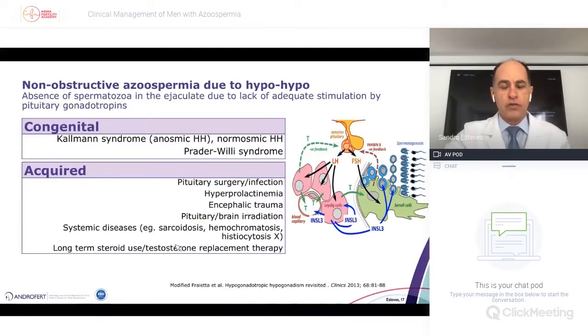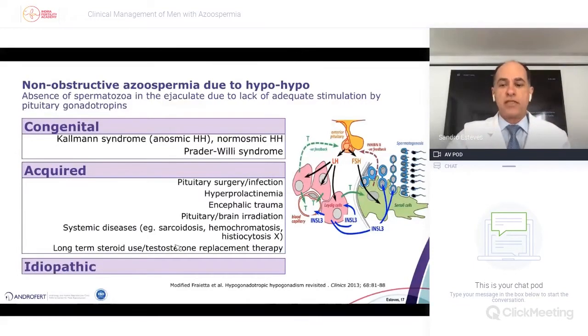In the medical history, you need to try to understand if the patient has any of the conditions listed in this table. And it could be idiopathic. So when you have an azoospermic patient in front of you, and you see that FSH and LH levels are quite low, below 1.2 international units per liter, you need to make the diagnosis of hypo-hypo and take a medical history trying to identify if the patient has any condition that could explain the hypogonadotropic hypogonadism.